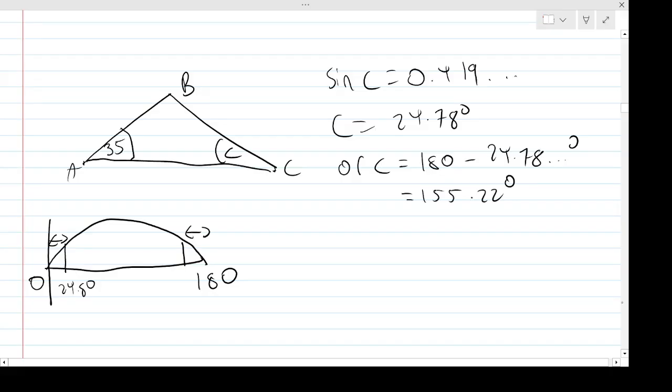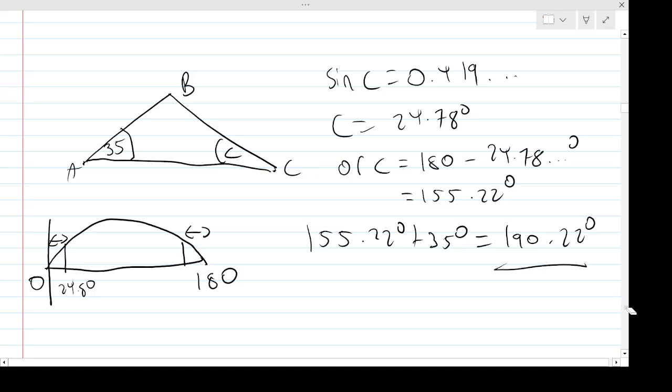But let's think about the solution then. We've got this triangle again. If I put in that angle, 155.22, and add it to 35, the other angle, I get 190.22. But hang on, shouldn't angles in a triangle add up to 180? I've got above 180 here. That cannot happen. So that cannot be a solution, because it gives angles totalling above 180 in the triangle.